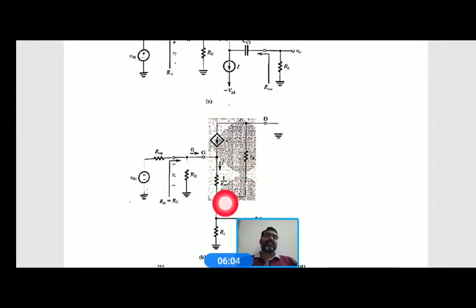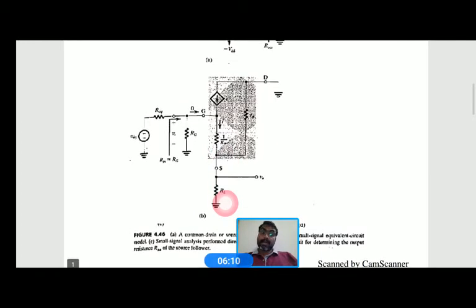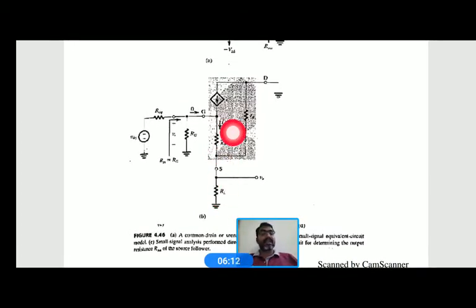In the previous session for the common source with RS, we did not utilize this R0, since R0 is usually very high, and we considered it as infinite. We neglected it to make the analysis simpler.